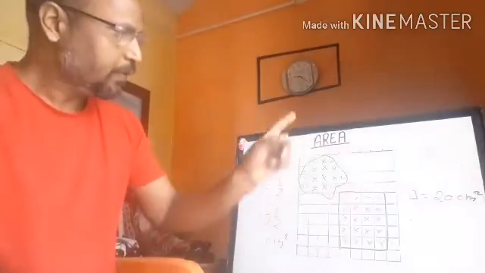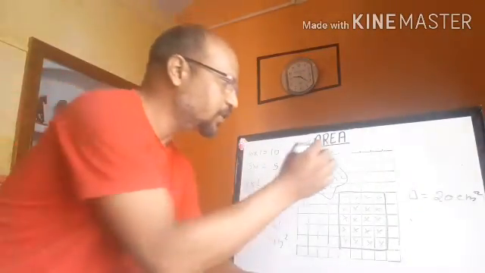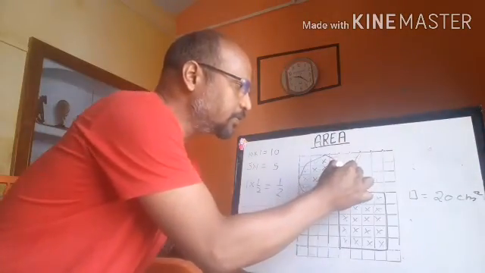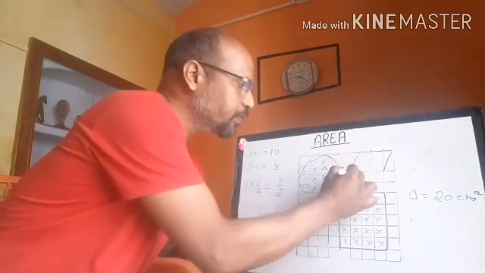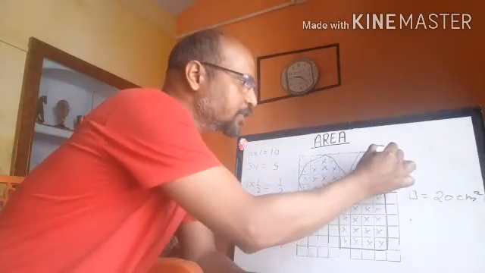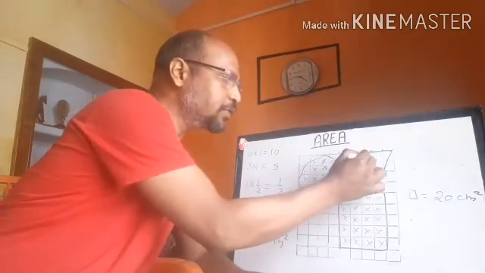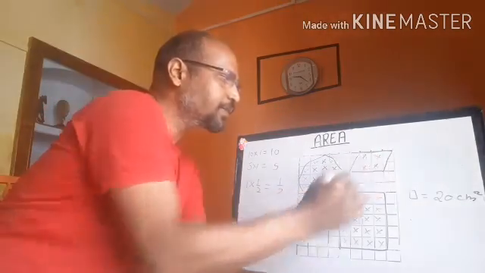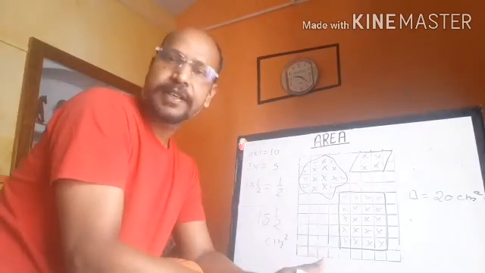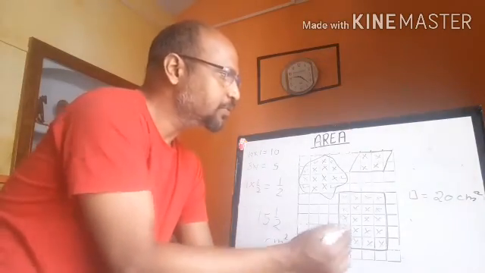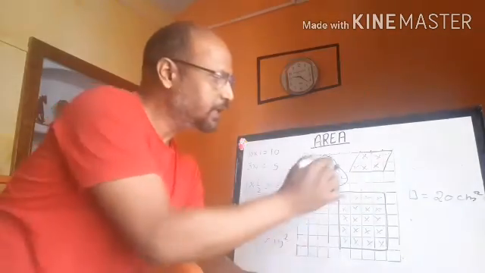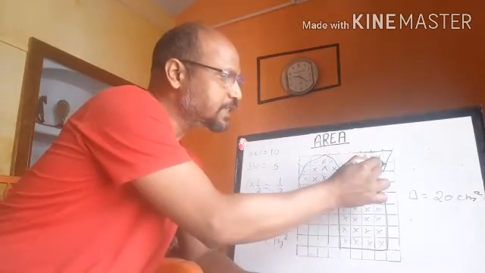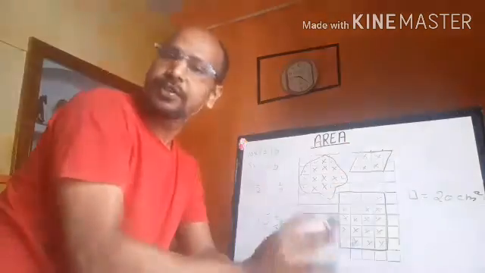Right. One more example. Suppose I draw a parallelogram, then how? Very simple. Just count the complete squares. Then take the more than half ones. So more than half is this and this. The ones that are less than half, leave them.